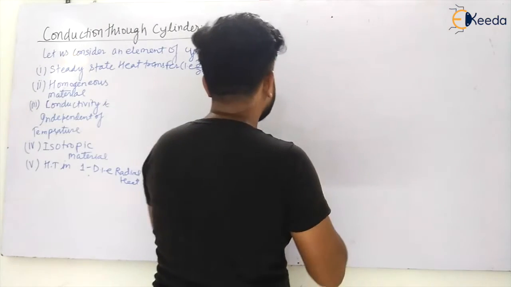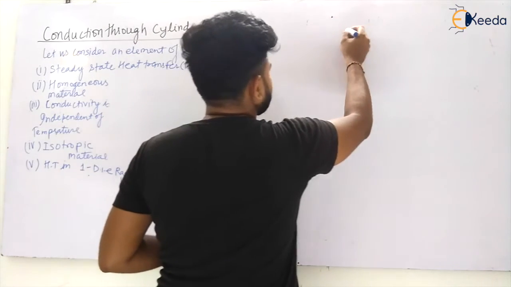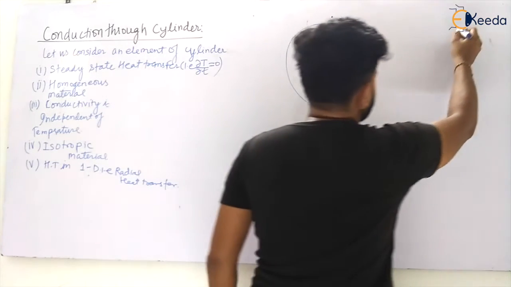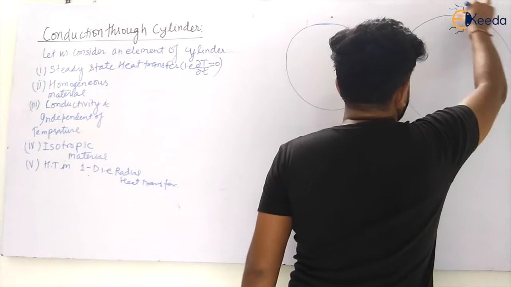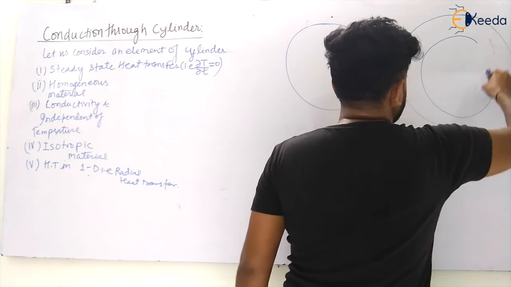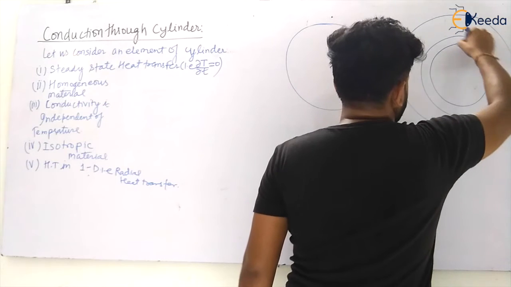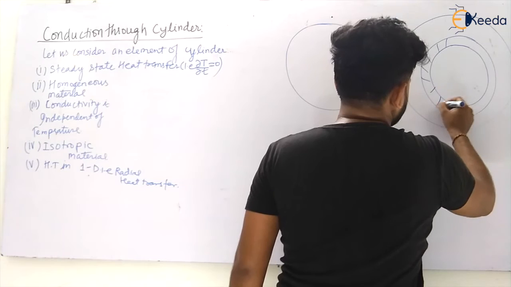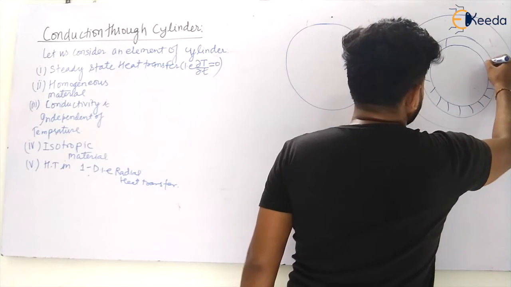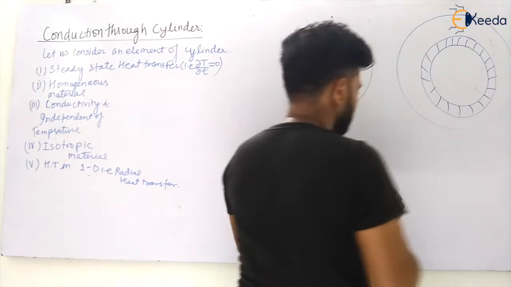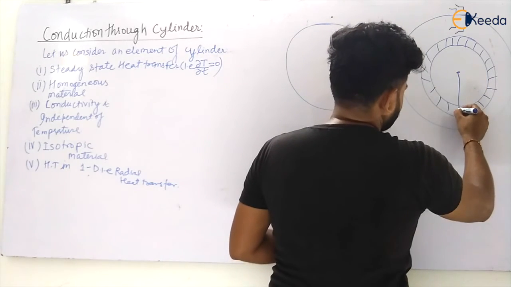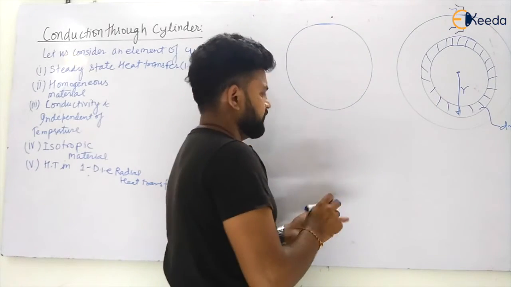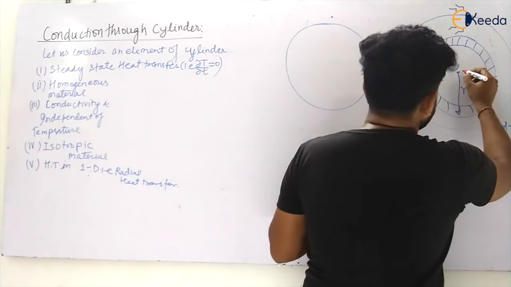So, my dear students, this is your element. That is your dr. From the center, this has radius r, and the thickness is dr. Now there is a heat transfer from this.